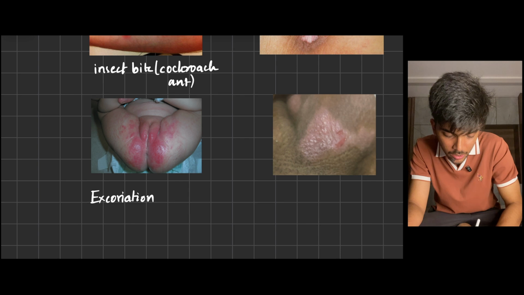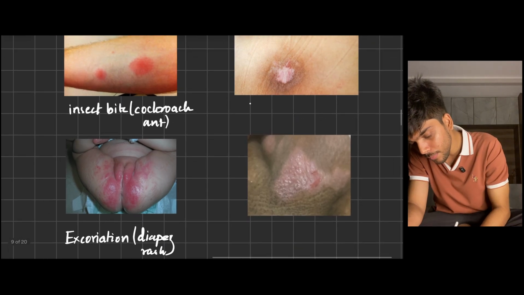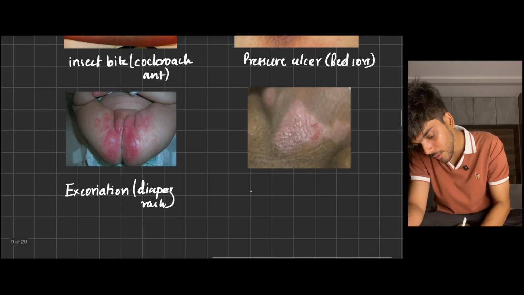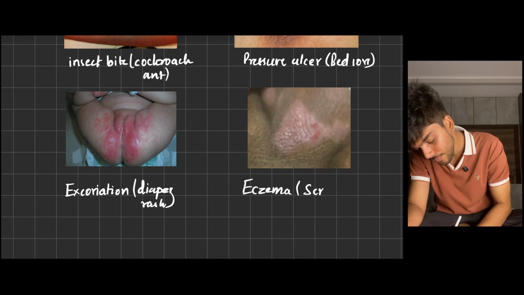What I have shown here is a diaper rash. Next is pressure ulcer. What I have shown here is a bed sore. Next, eczema. What I have shown here is scrotal eczema.